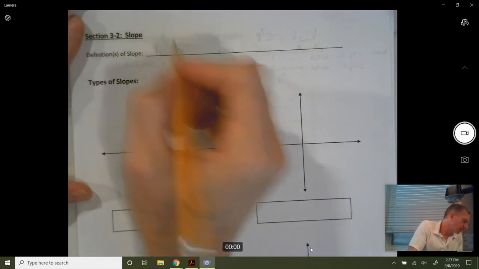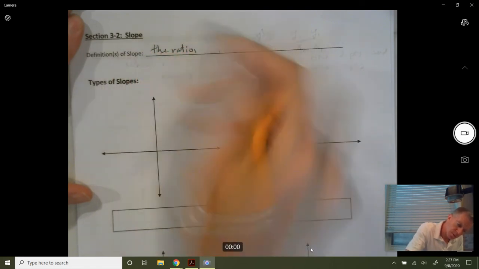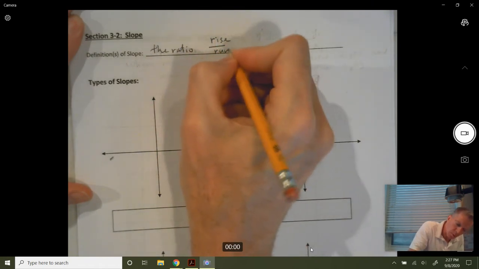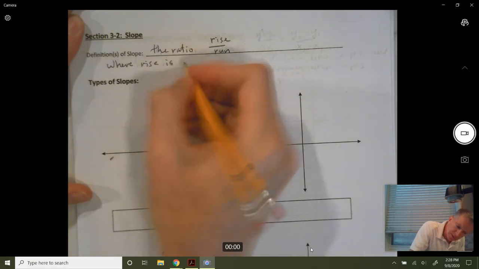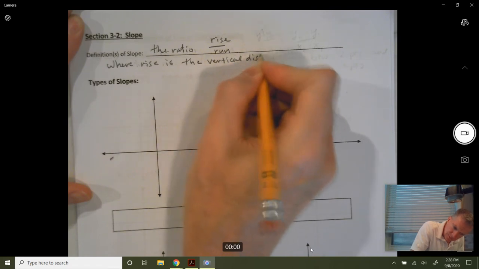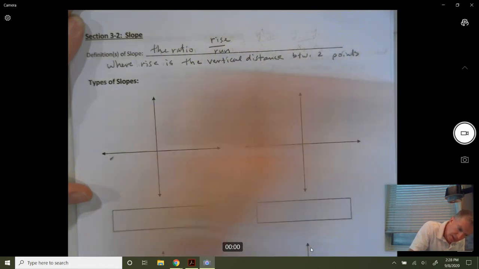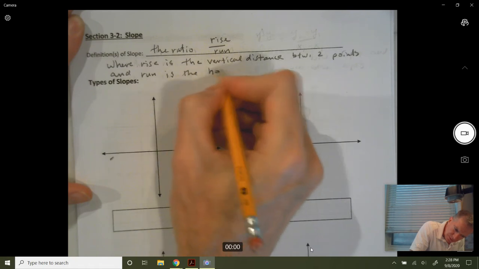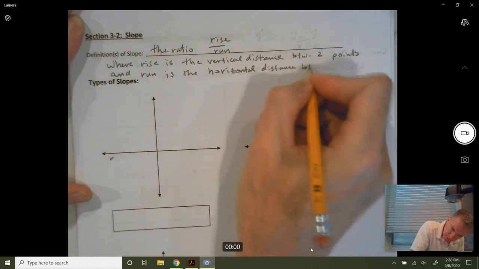And slope is defined as the ratio rise over run, where rise is defined as the vertical distance between 2 points, and run is the horizontal distance between 2 points.